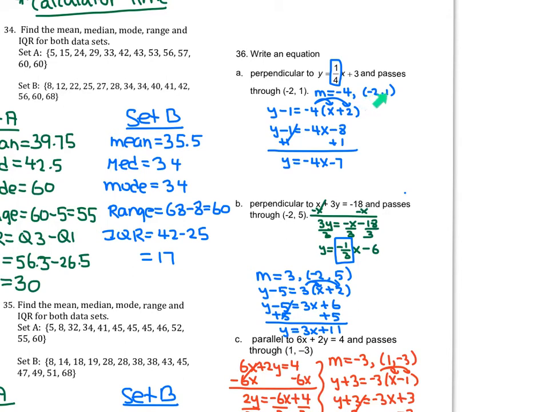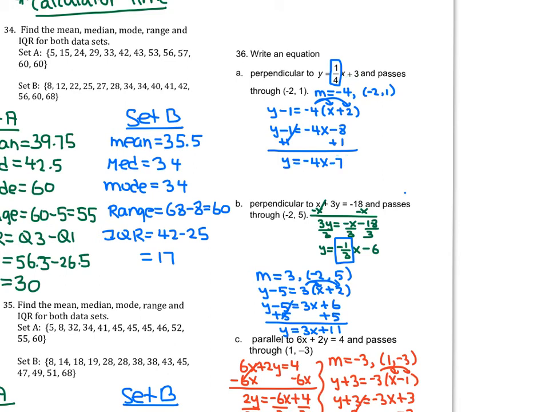Don't forget to change the sign on this point. y minus 1 equals my slope, parentheses, x plus 2, and it's plus 2 because the x is negative, so it becomes positive. This y was positive, became negative. Solve the equation for y equals negative 4x minus 7. You should notice that these slopes are not the same. Neither are the y-intercepts.